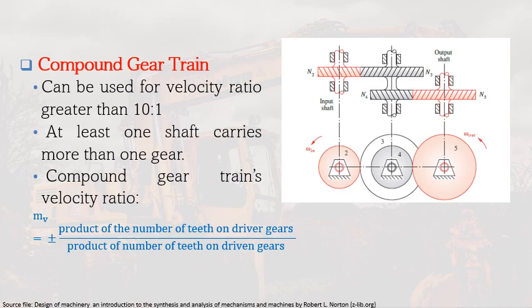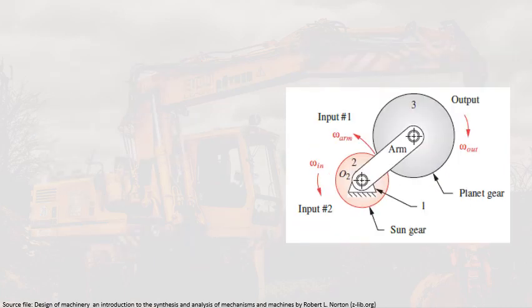Also take note that the number of teeth is related to the diameter or the radius. So if the number of teeth is not given, but you are given the diameter, then you can use the relationship shown in the previous slide to compute the compound or simple gear train's velocity ratio.